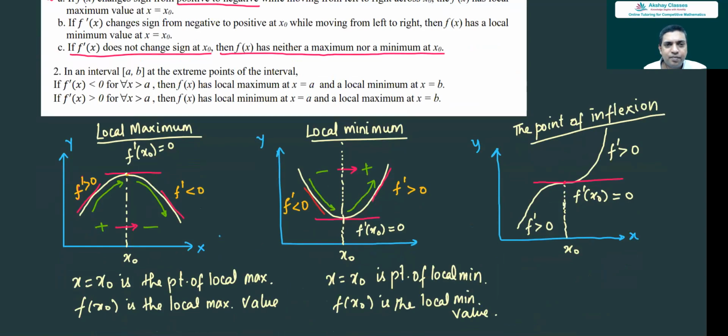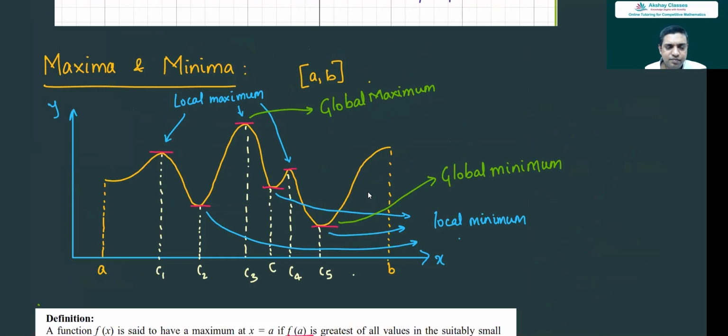Sir, actually, I have one question. When you were speaking about global maximum and global minimum, over there, isn't it possible that f of b is greater than global maximum? Yes, I didn't cover that, but it is perfectly possible. f of a can be the least value, or f of a can be the greatest value, that is also possible.